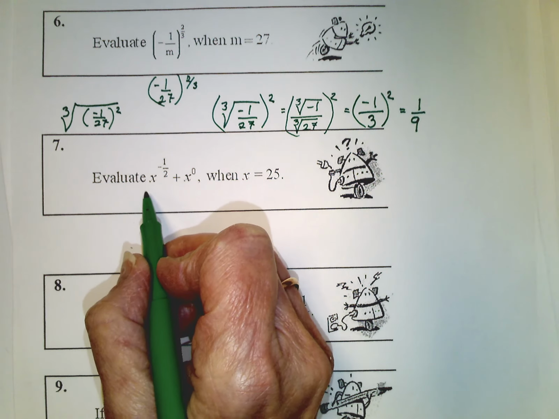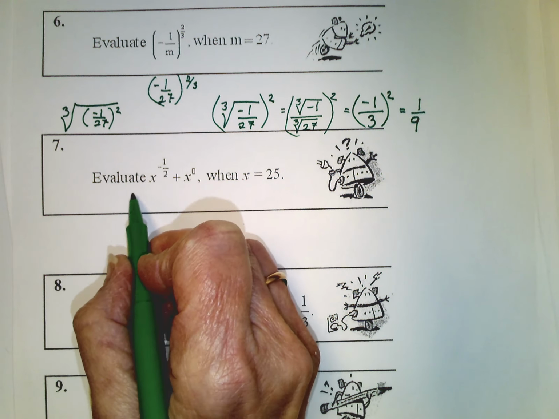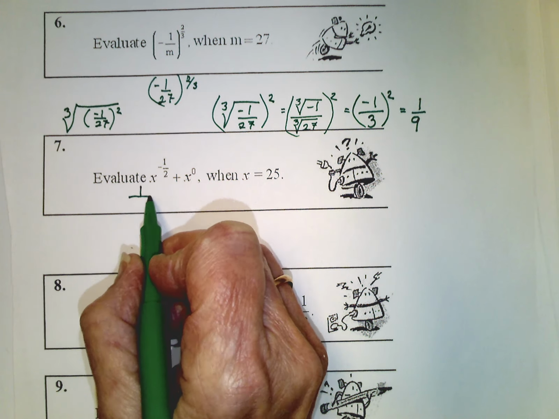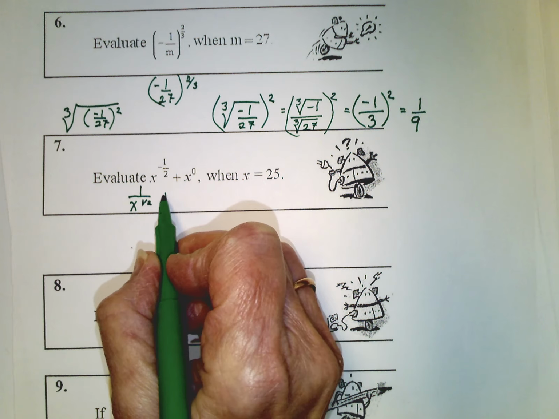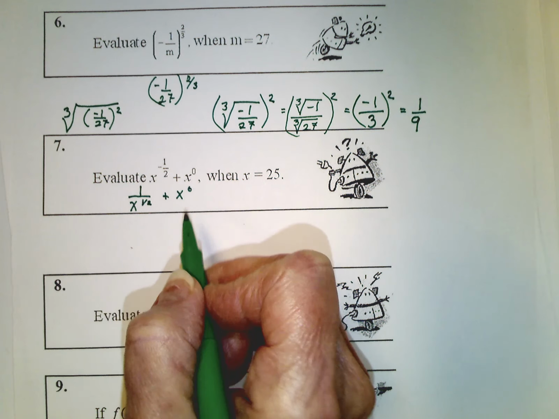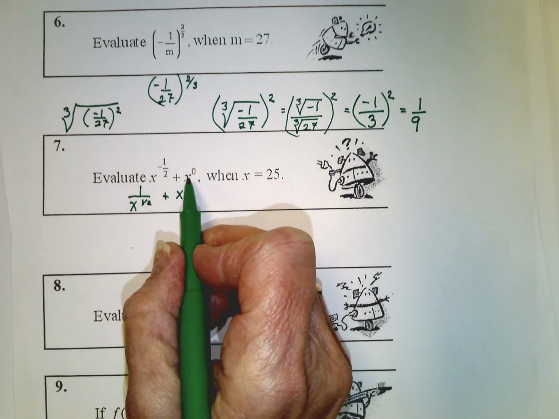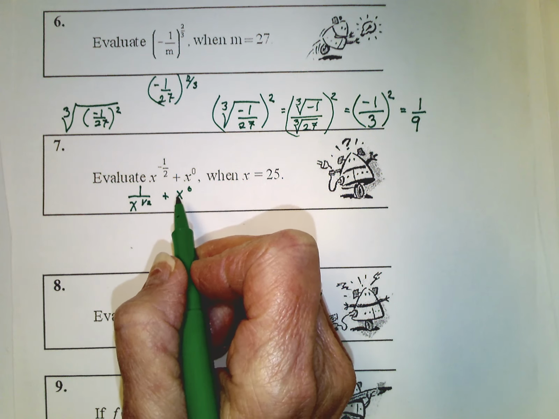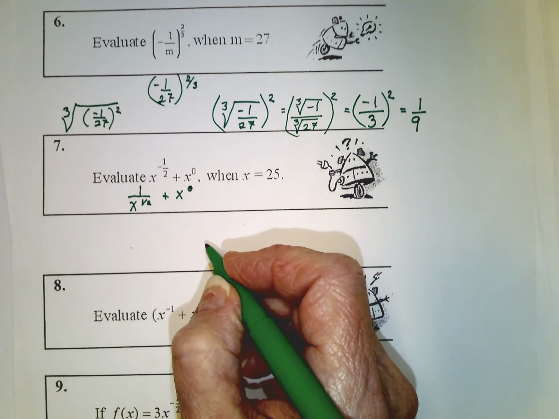I'm going to make this 1 over x to the positive 1/2. Now I can't add the exponents because we aren't multiplying these. And we're not dividing them. That's a plus sign there. They're going to be separate terms.